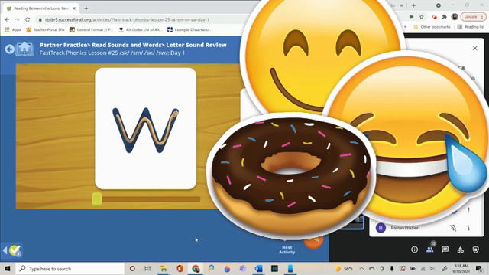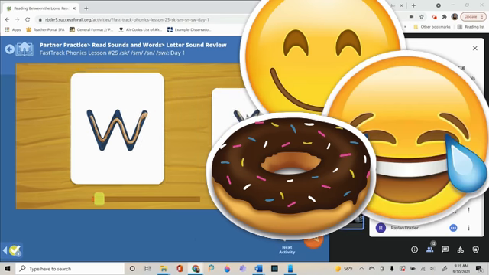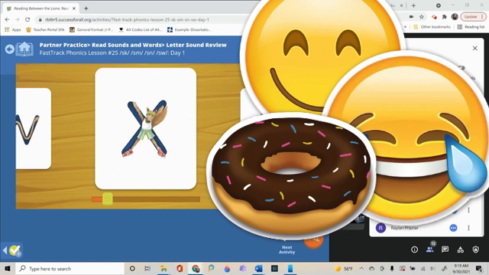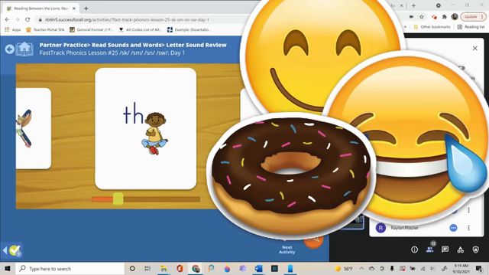Everybody tell me first what letter this is and what sound it makes. That's right. W and what? Good. What letter's that? What's the letter called? Good. And what's this one again?